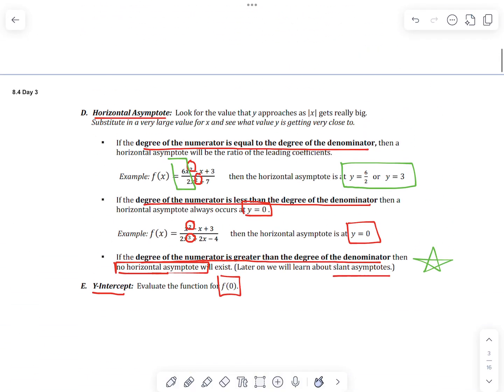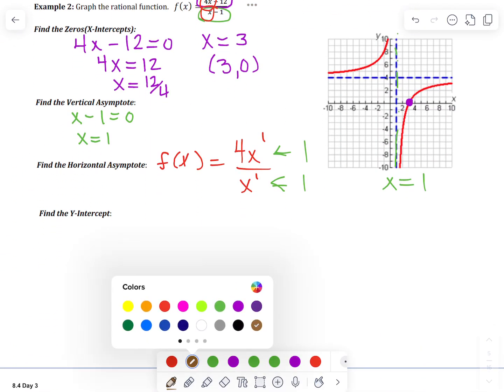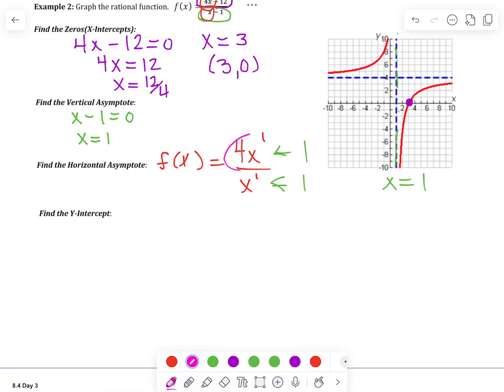So if we go up to our rules, when they are equal, you take the coefficients and you divide them. So we're going to take 4 divided by 1. So 4 divided by 1 is 4. So we have a horizontal asymptote at y equals 4.